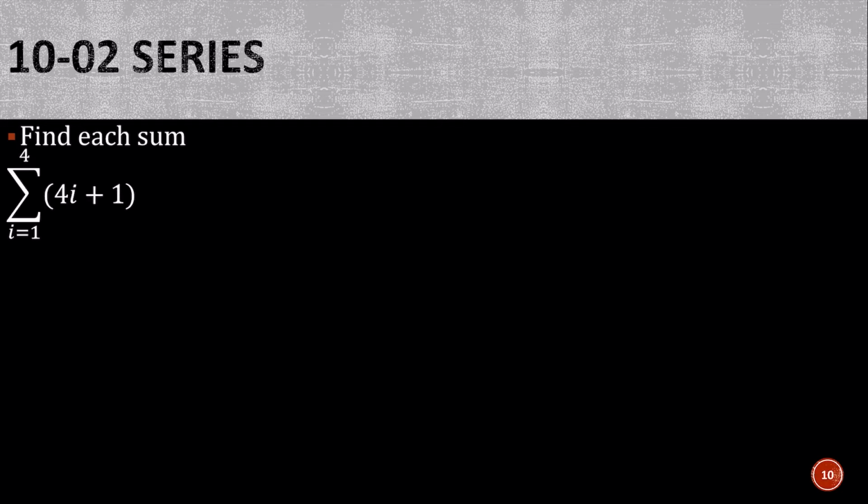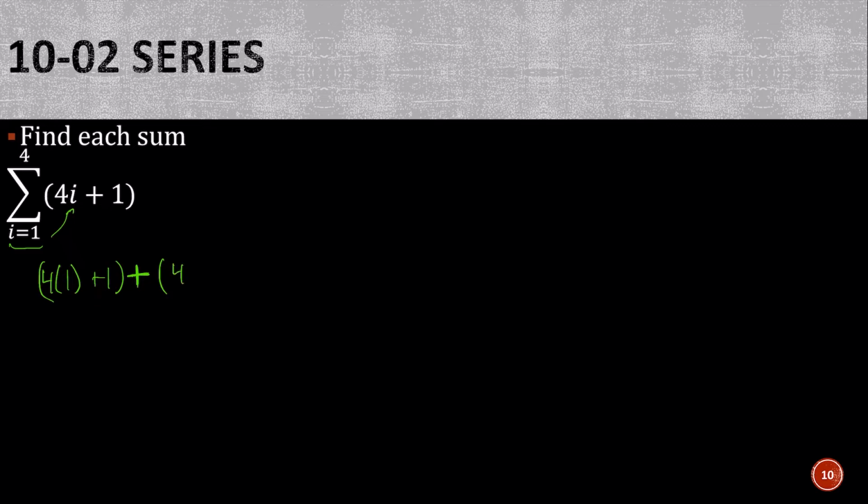Find each sum. So here's one. All right, so what we can do is it says i equals 1 at the bottom. So we're going to start by plugging in a 1 for the i. So it'll be 4 times 1 plus 1. And then you put a big plus, and we repeat using the next number.